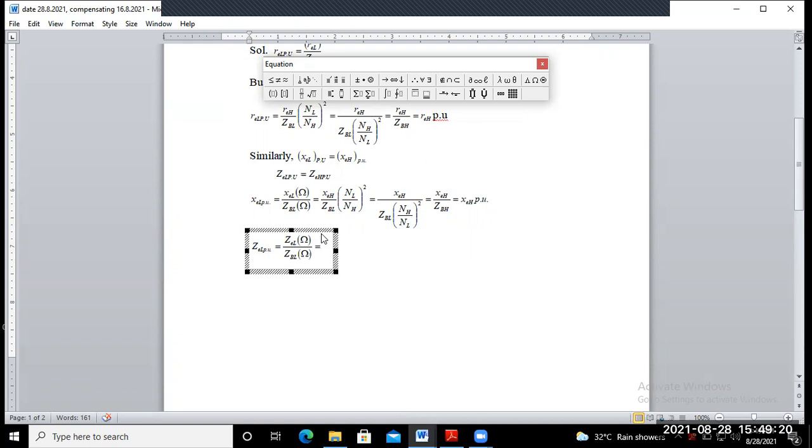So ZEL in ohm equals ZEH into NL by NH whole square. This one is your ZBL.